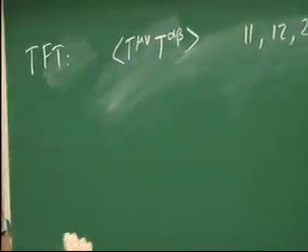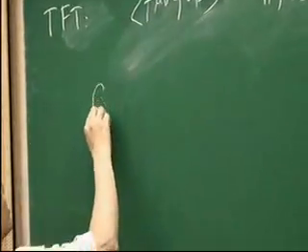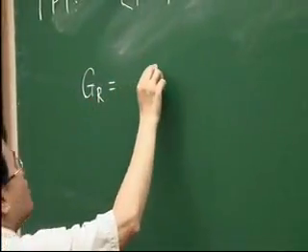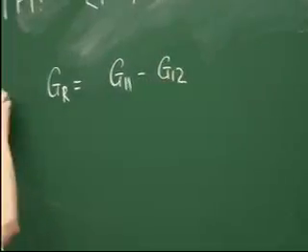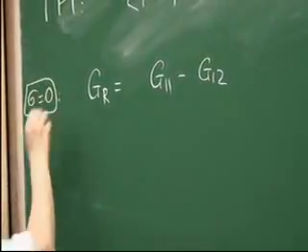We can also introduce the notion of retarded Green functions. The retarded Green function is G11 minus G12. So let's choose sigma equals 0, the choice of the contour.